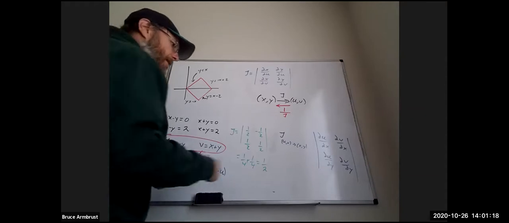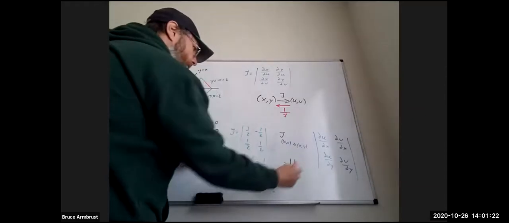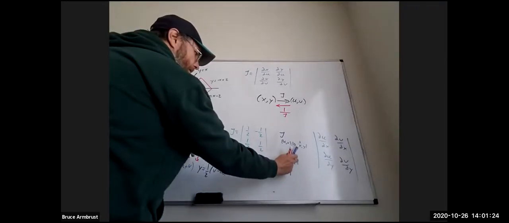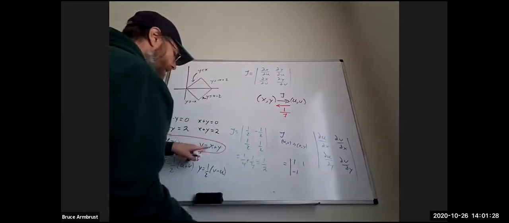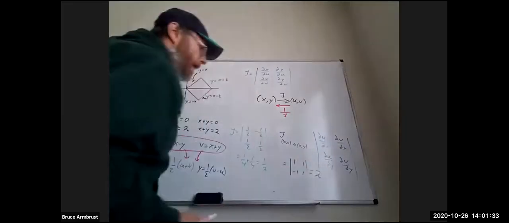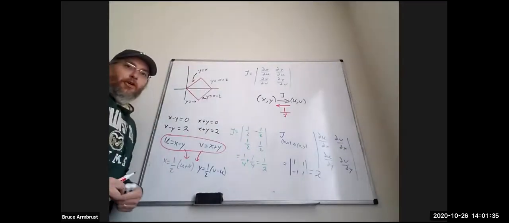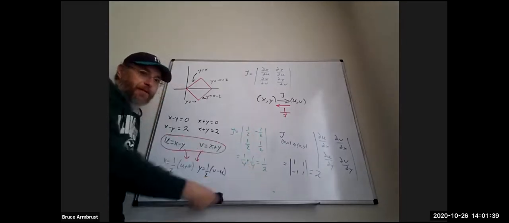du dx is 1. dv dx is 1. du dy is minus 1. dv dy is 1. Well, that Jacobian is 2. We take its reciprocal, it's 1/2.